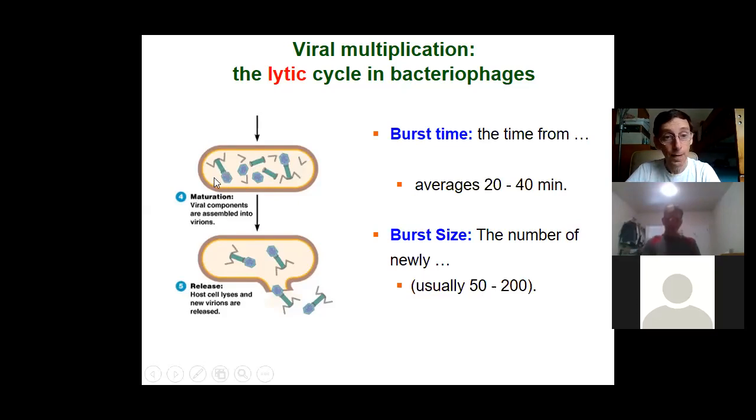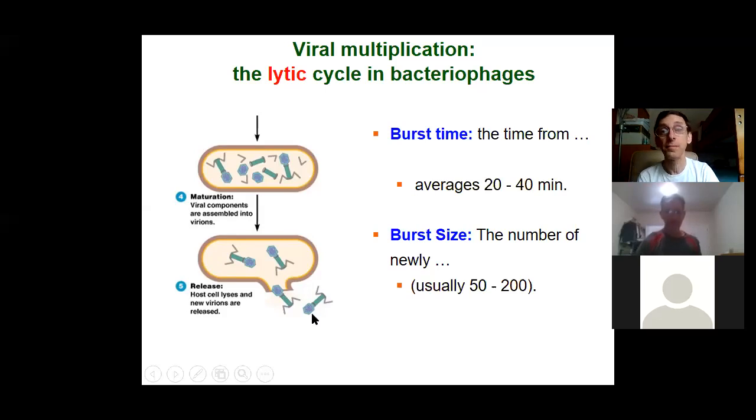And then there's one copy that isn't put into the new virions, and it is transcribed, and what it does is it secretes the gene which makes an enzyme that weakens the cell wall. And then the cell wall bursts, and that releases the new virions.